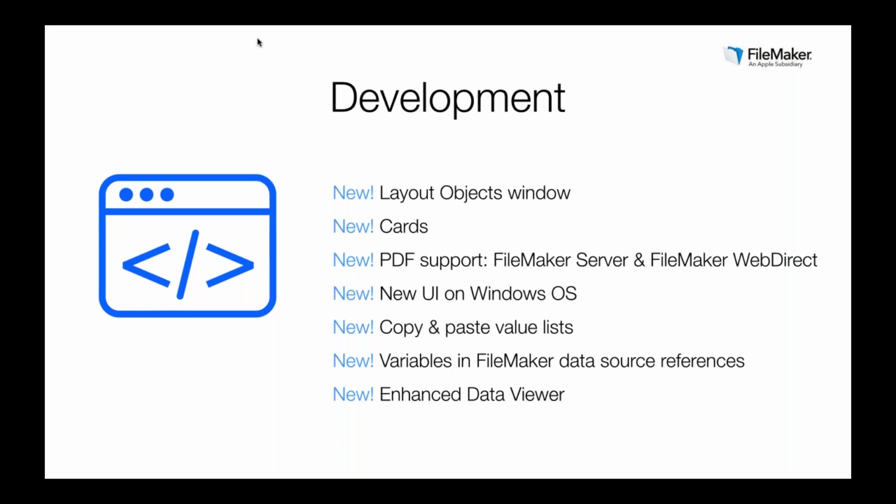In the area of development, we came out with a new layout objects window. I've talked to a lot of developers. Joe's over here nodding. This is killer. This is going to save hundreds of hours in development time. As you know, people have always done these what we call pet tricks with FileMaker to get certain things to happen, and some of those could include stacking 15, 20, 30 things on top of each other, grouping them, moving them around.